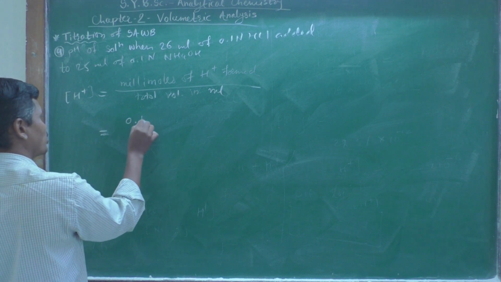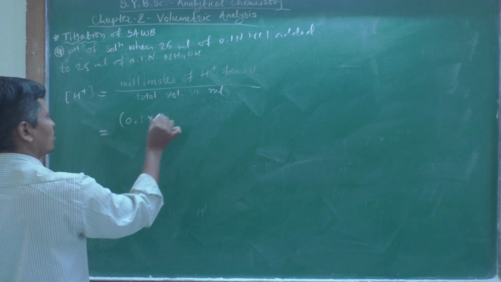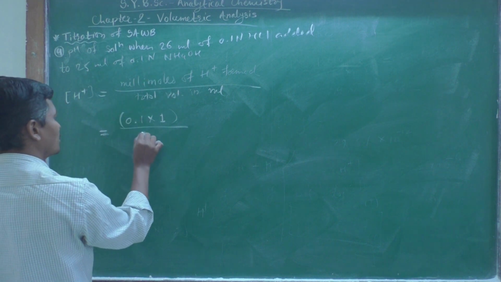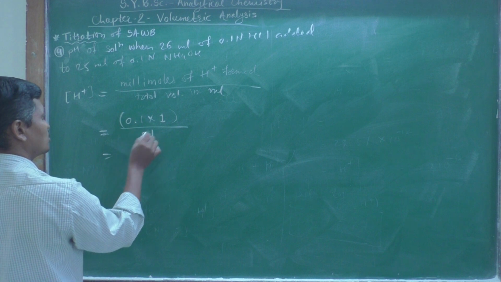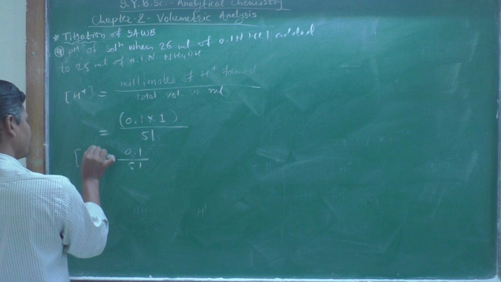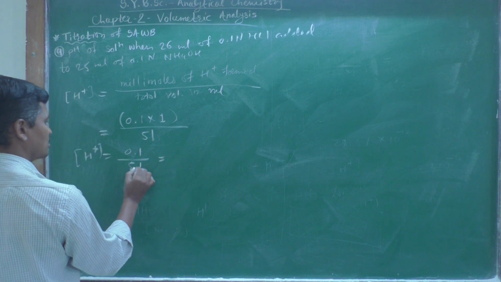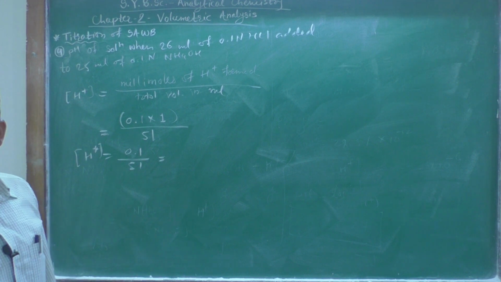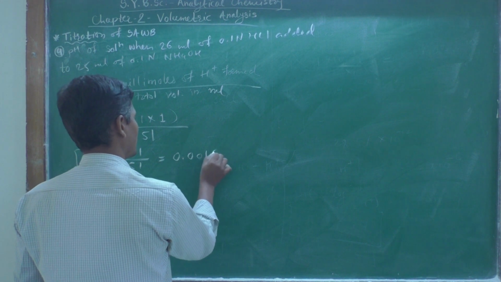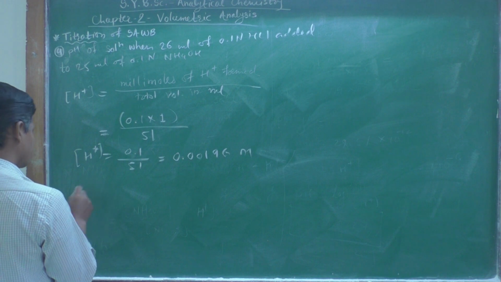The concentration was 0.1, and 1 ml is only remaining unreacted, so 0.1 into 1, 0.1, divided by the total volume 26 plus 25, which becomes 51. So the concentration of H plus will be here 0.00196 molar.